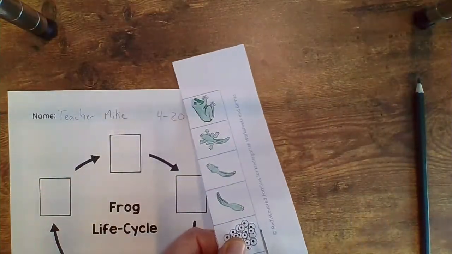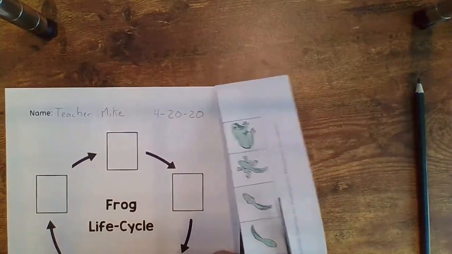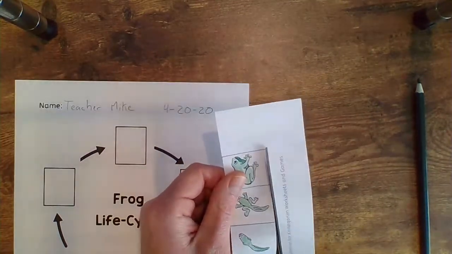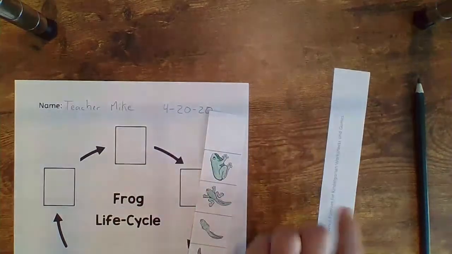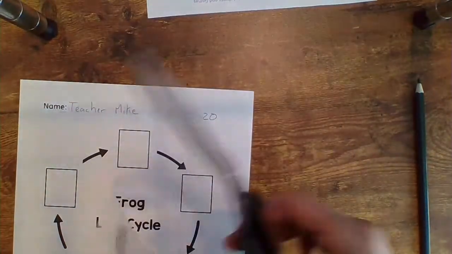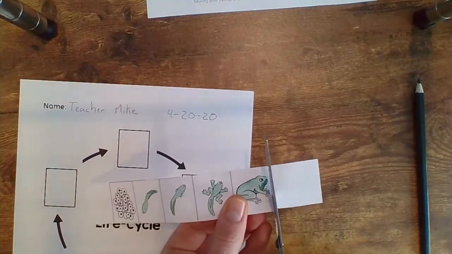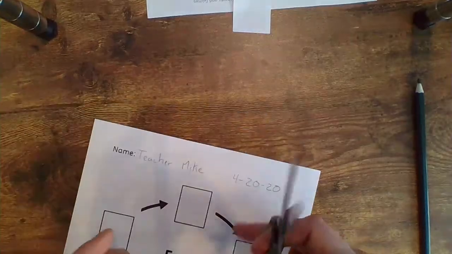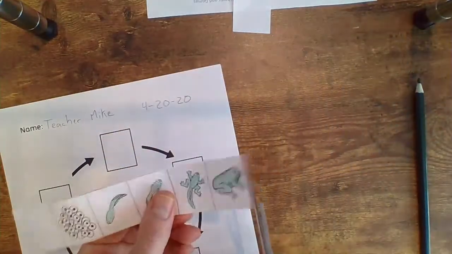So I'm going to cut the bottom strip off. I'm going to move my holding hand. I can put this strip of paper in the recycling bin. I don't need it anymore. And I'm going to cut off this strip, and this would go in the recycling bin. And I just cut each of these dashed lines.